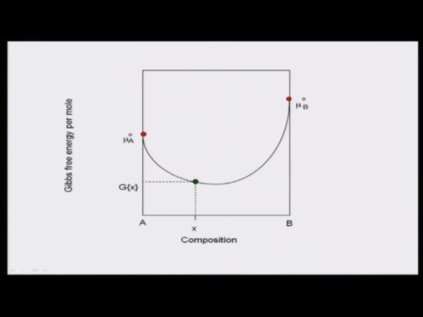This is mainly because G is nothing but H minus TS, and the S term is what brings down this free energy curve. What is S?